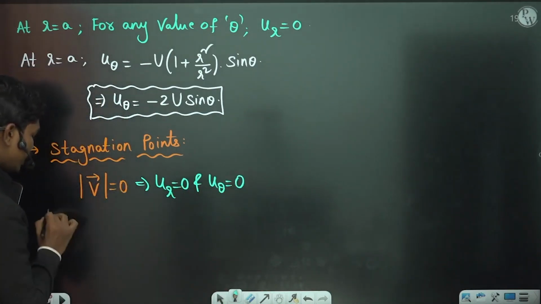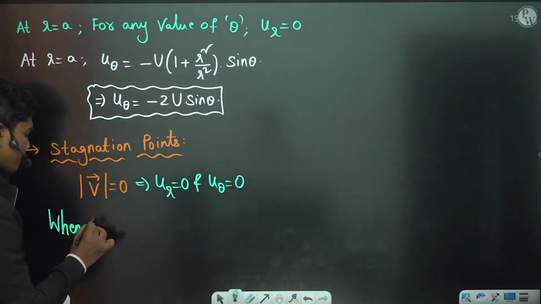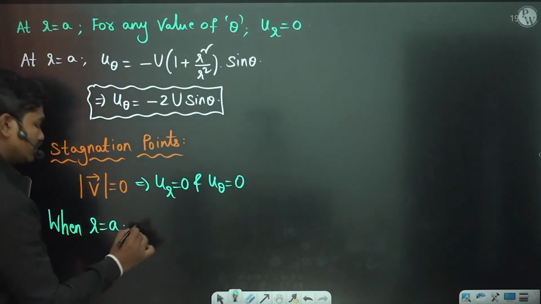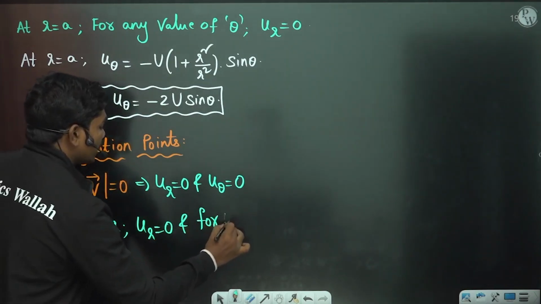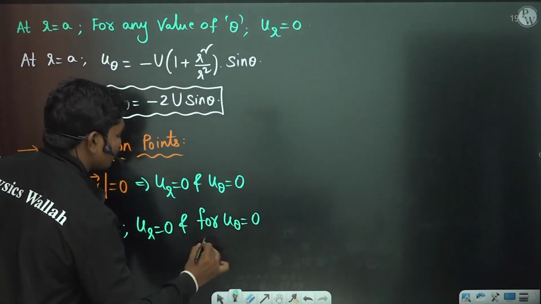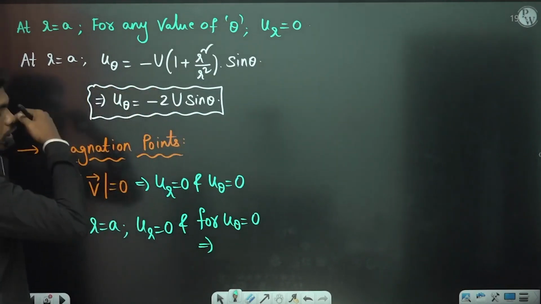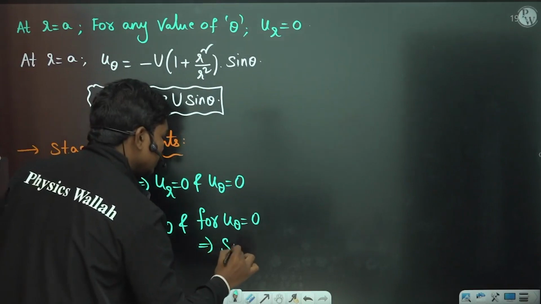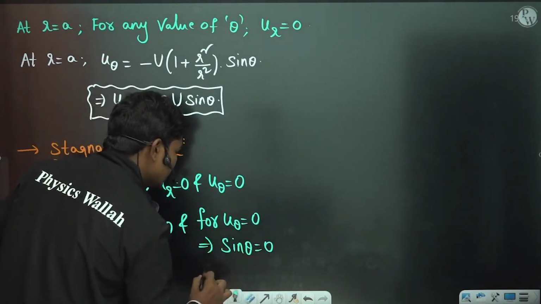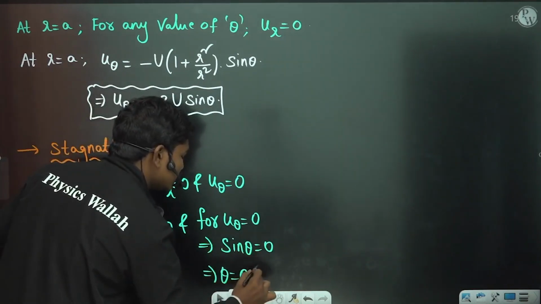So tell me, when r is equal to a, u r is anyhow 0, and for u theta to be 0, yes, at r equal to a on the surface of the cylinder, sine theta should be 0, which means theta is equal to 0 or theta equal to pi.